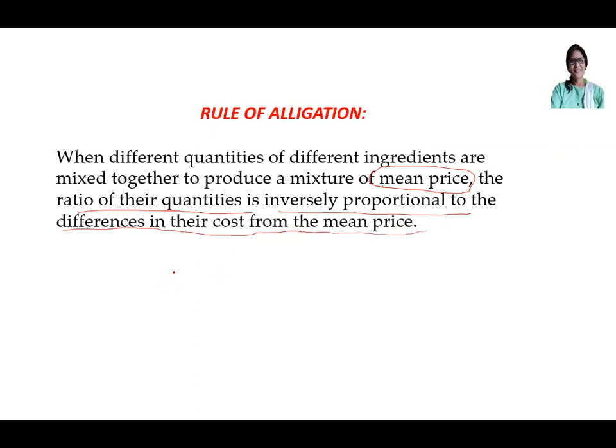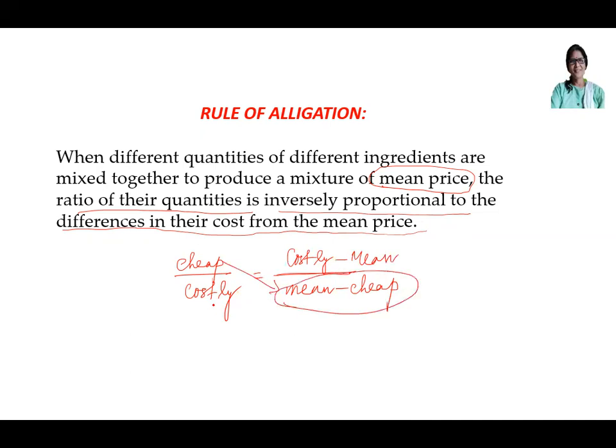That means the ratio of cheap one to dearer or costly one is inversely proportional to the difference from the mean. Here it will be the mean value minus cost of cheap, and here the costly value minus the mean. So this is the meaning of inversely proportional: cheap difference from the mean and costly difference from the mean.